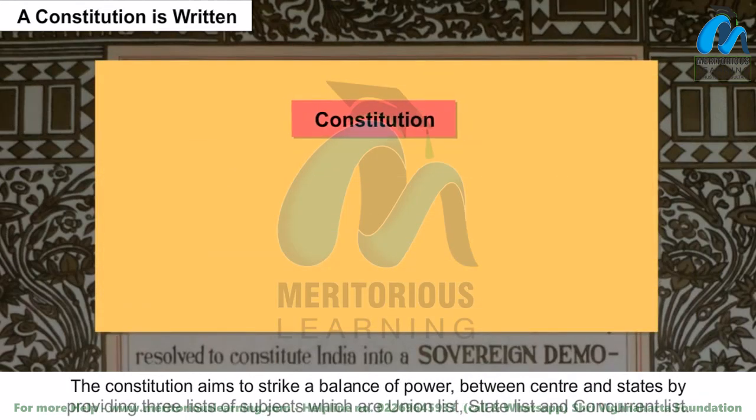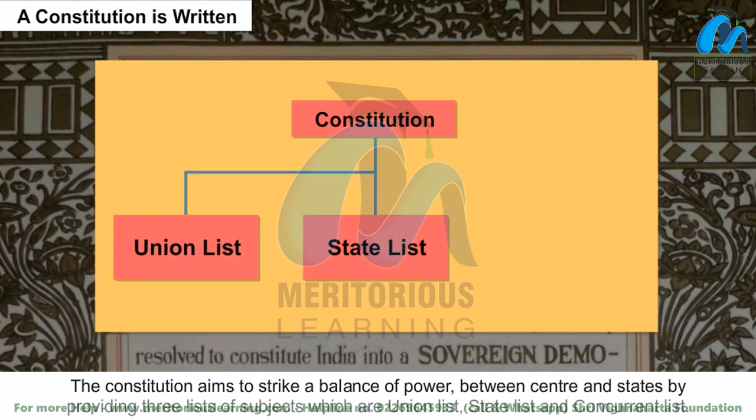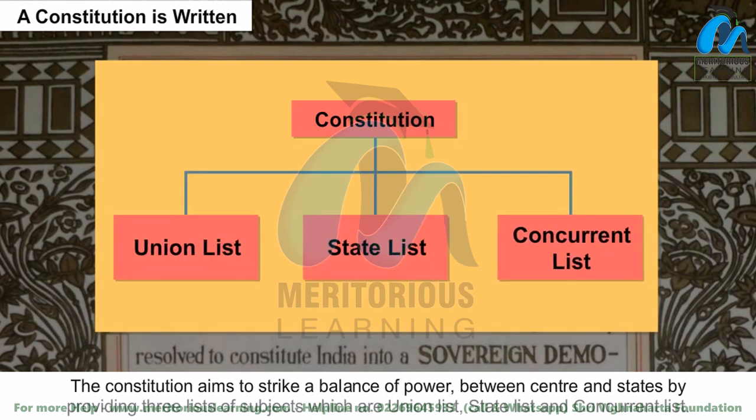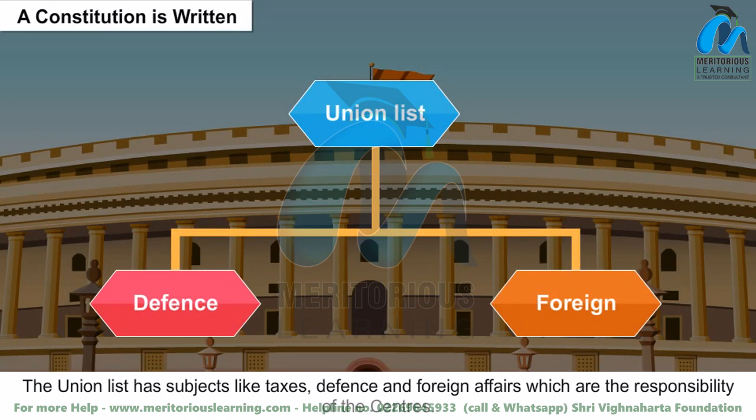The Constitution aims to strike a balance of power between centre and states by providing 3 lists of subjects, which are Union List, State List and Concurrent List. The Union List has subjects like taxes, defence and foreign affairs, which are the responsibility of the centre.